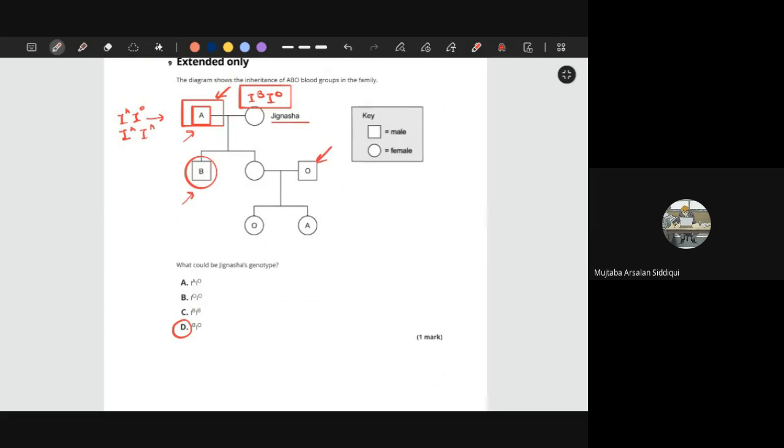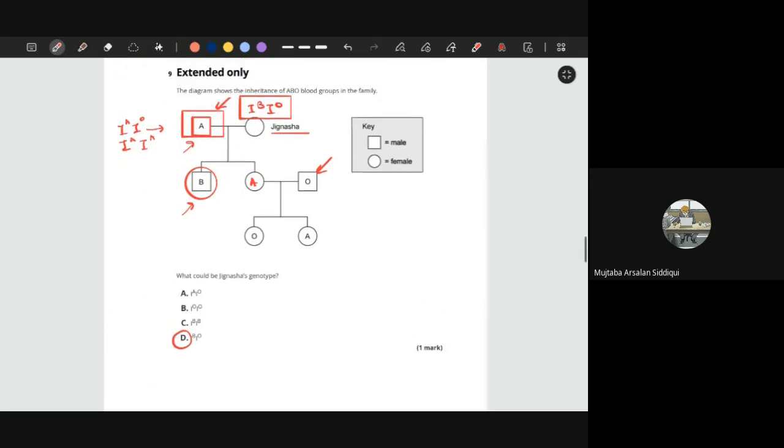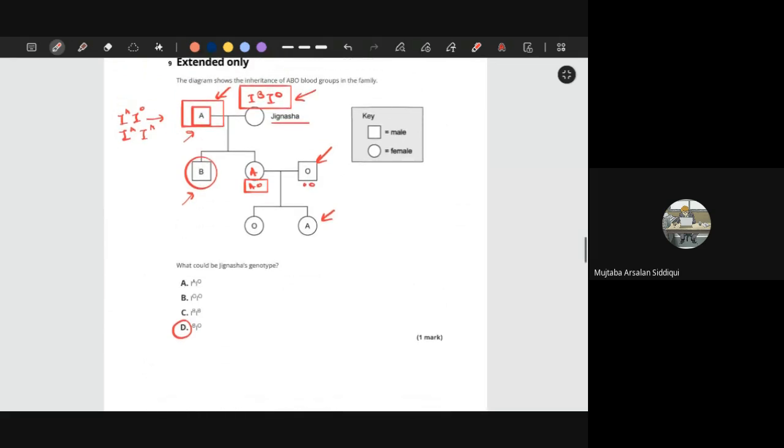And since this is blood group O, this has to be blood group A, because the daughter is blood group A. If this is OO, this has to be AO. And if this is AO, that means this has to be BO, right?